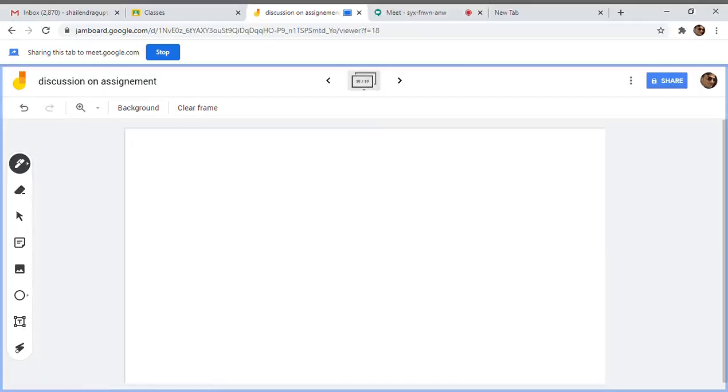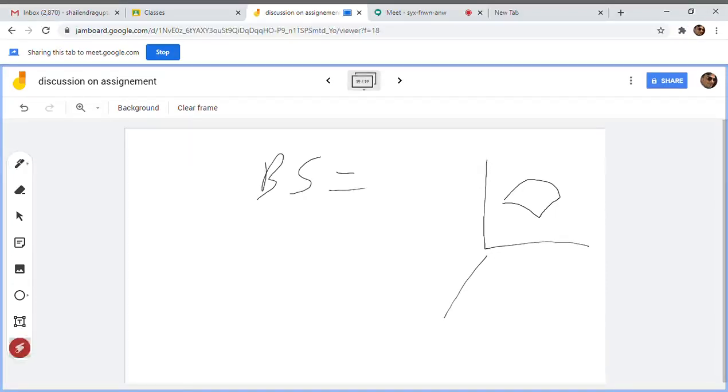Then comes the bottom surface. The bottom surface is made of what part? This is made of the radial, this arc and this rho.